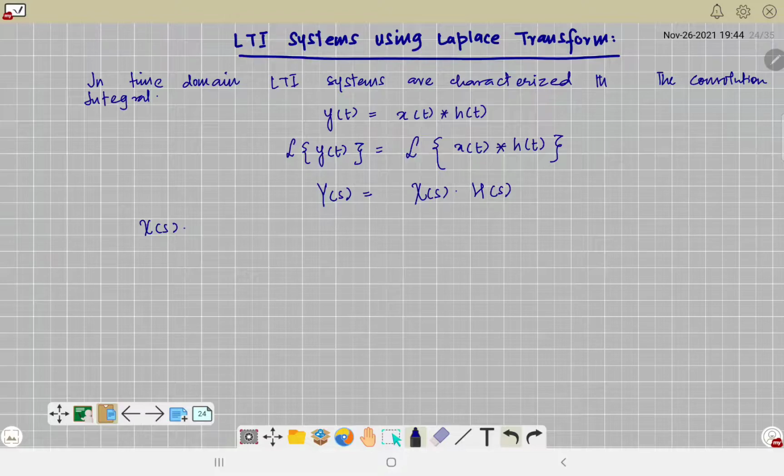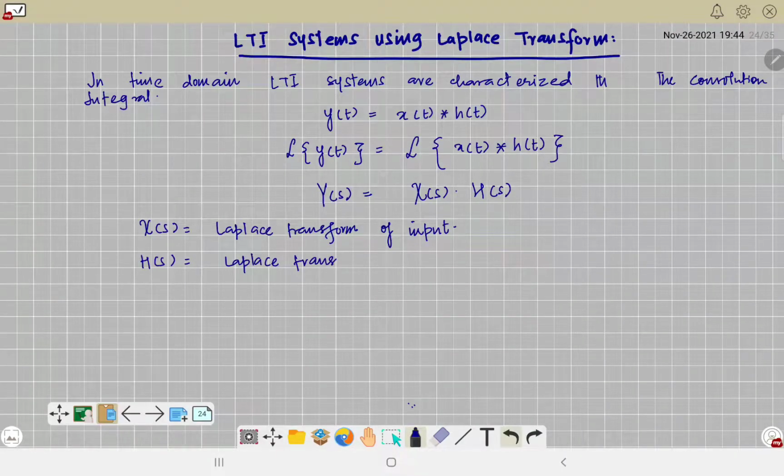So X of s here is the Laplace transform of the input signal, and H of s is the Laplace transform of the impulse response, and Y of s is the Laplace transform of the output signal.